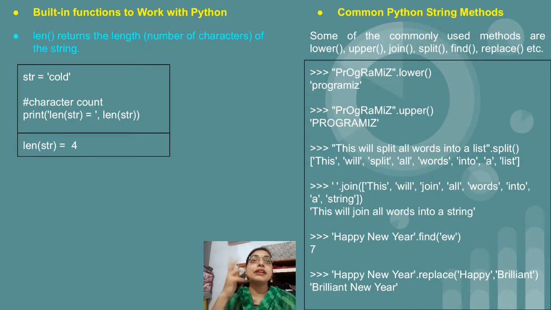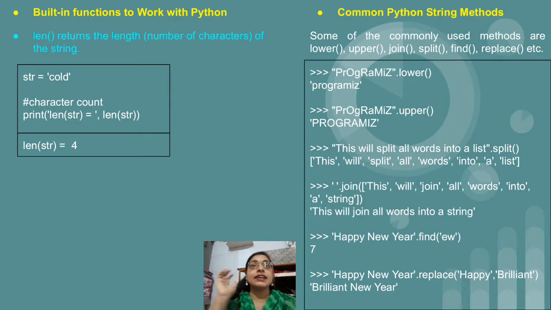Next topic is the built-in functions available in Python which are related to strings. The first function is the len function. Like in C and C++ we had strlen, which is used to count the number of characters present in the string, or the length of the string. To perform the same operation in Python we have the len function. Just see the example.